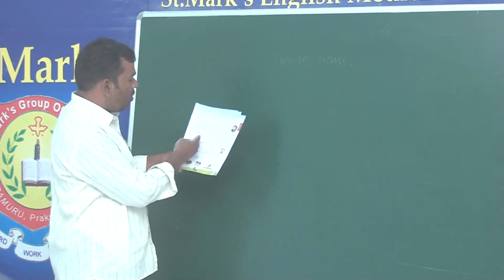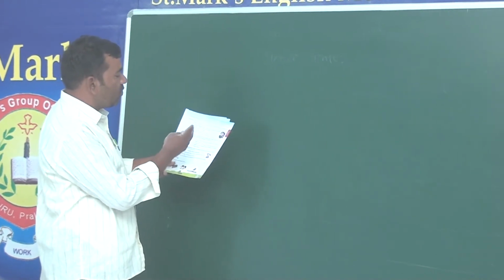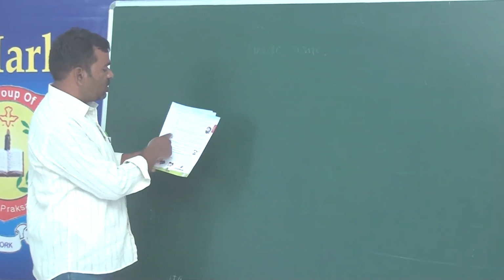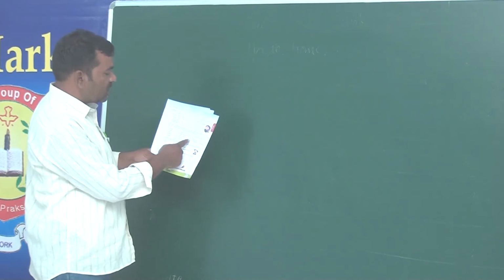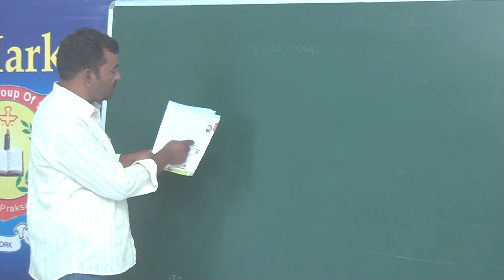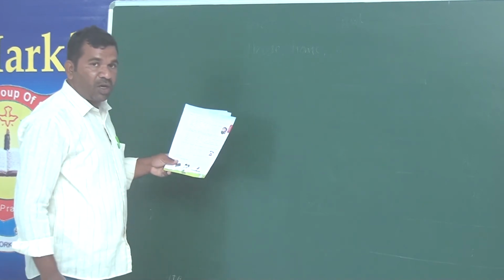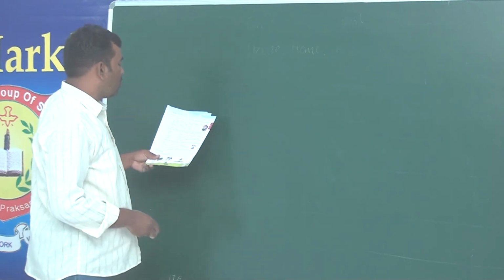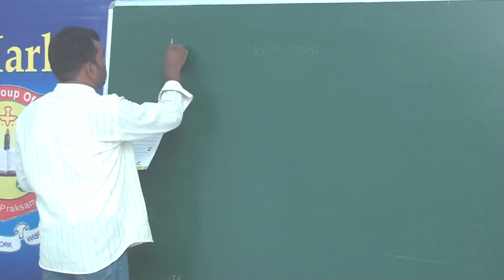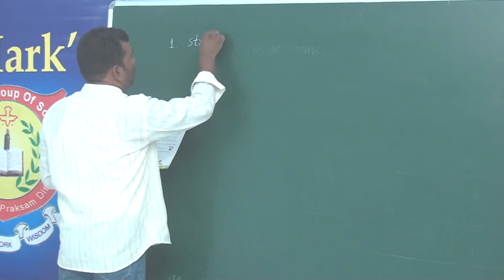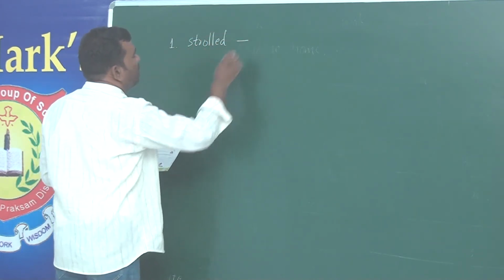These words are given based on the way people walk. So these are the base words, and on the column B side, these describe every word given in column A. So I am reading out the first one, stroll. What is the meaning of stroll?